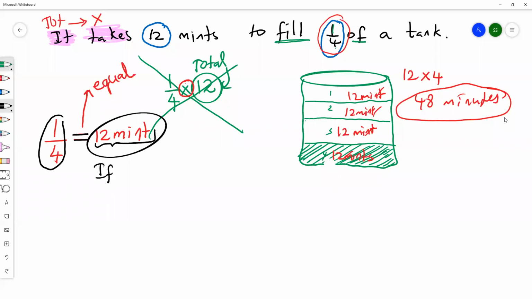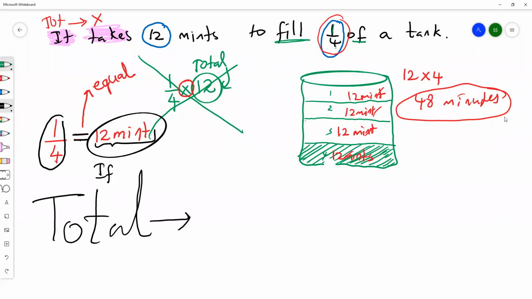It will change upside down, or reciprocal, to find what? To find the total.